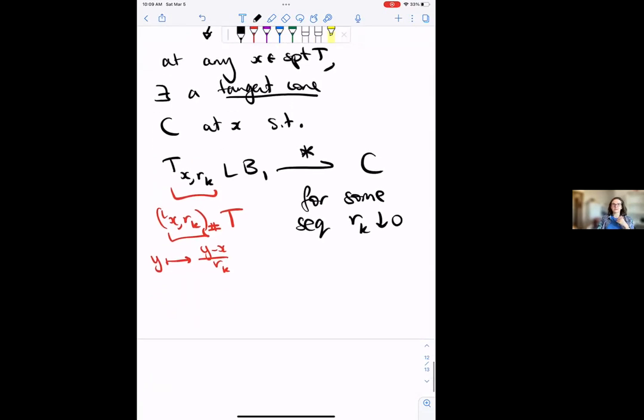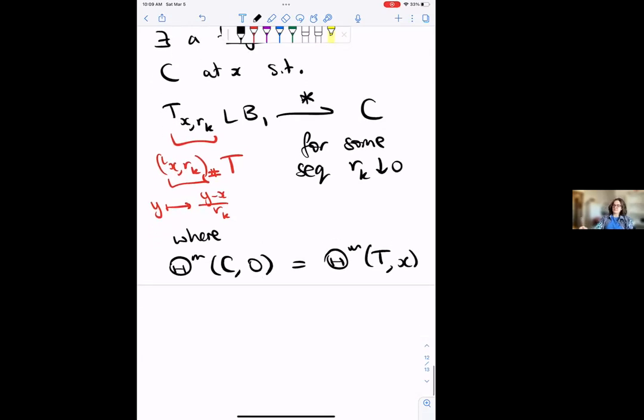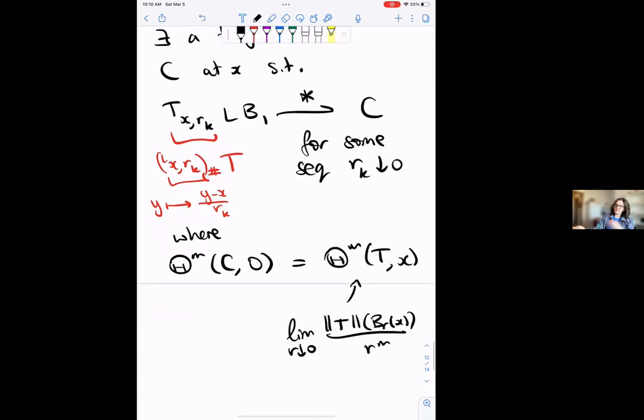And why do we call this C a tangent cone? Well, it's because it's invariant under homothetic rescalings and it has constant mass ratio. So the m-dimensional density of C at 0 is the m-dimensional density of T at X, which in particular exists again by monotonicity, where this is the limit as R goes to 0 of these mass ratios.